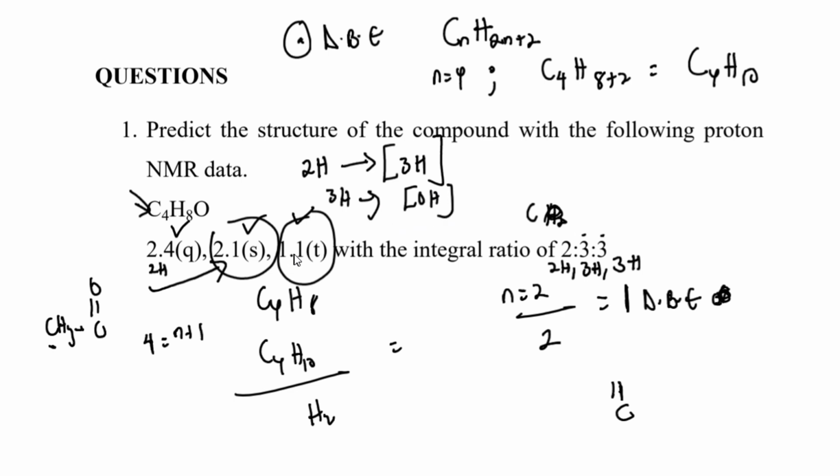And the last one is a triplet. So it's 3 hydrogens as well. This is T, this is 3. That's 3 equals n plus 1, and that will give us n equals 2. So 3 hydrogens having 2 neighbors. So this one tallies: 2 hydrogens having 3 neighbors, 3 hydrogens having 2 neighbors.